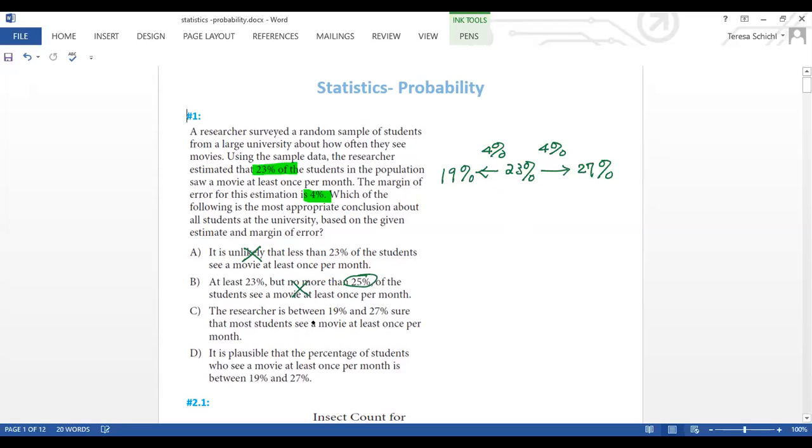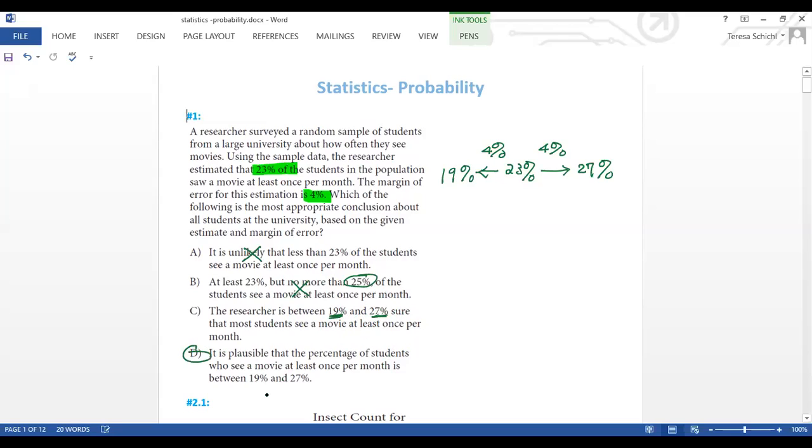Then choices C and D try to confuse you. Let's say the researcher is between 19% and 27% sure that most of the students see a movie. No, it's not. When you say the researcher is sure, that means the confidence, and this is not their confidence. The 19 to 27 is the percentage of students who see the movie.